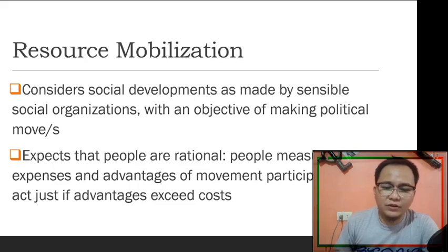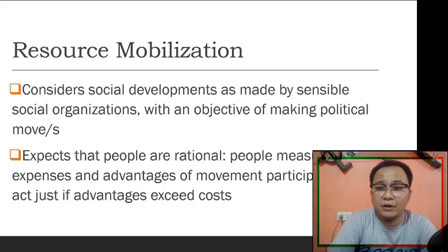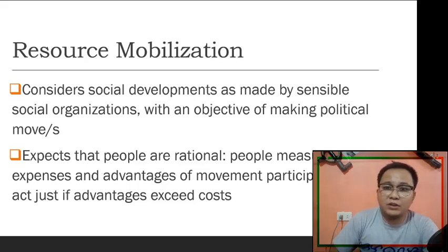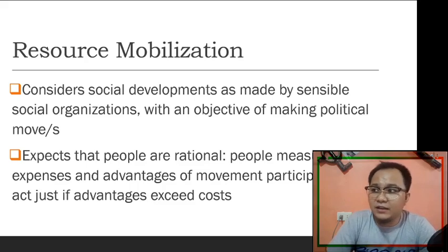So the thing with resource mobilization, it considers social development, no, yung mga pag-unlad sa lipunan, as made by sensible social organizations with an objective of making political moves. Take note, when we talk about political moves, is not necessarily na yung negatibo na political, but it's about making influential decisions. Change, no? Promoting social change din.